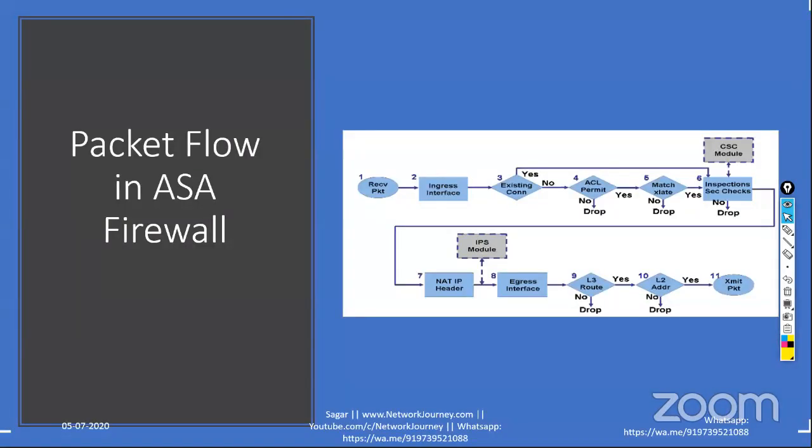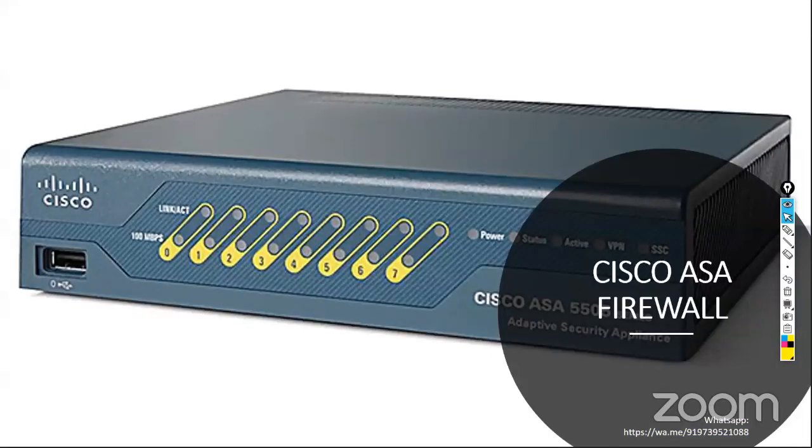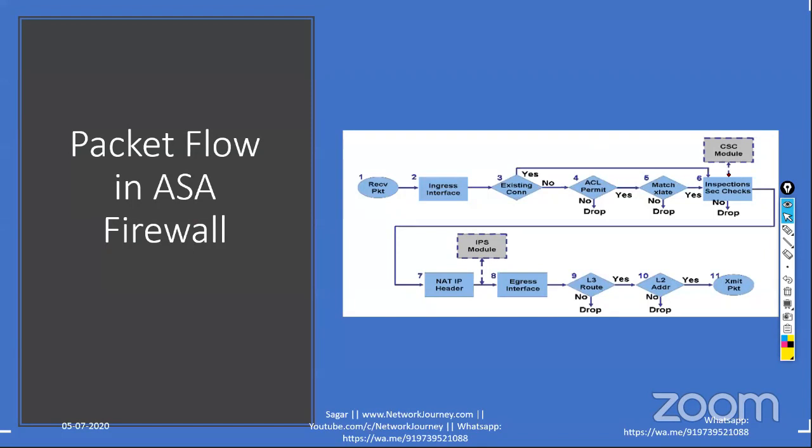Okay, so once again, since we are talking about the packet level of a switch or router, what is the packet level in the case of the ASA firewall? You receive something, it's going to check whether you already have an existing connection or not, and depending upon that it makes a decision.